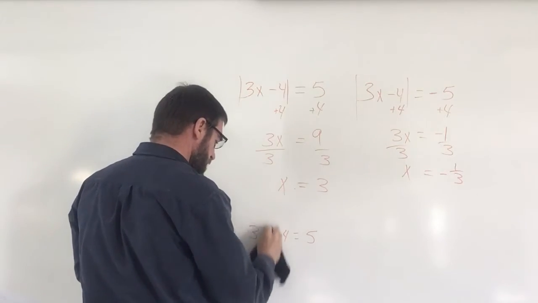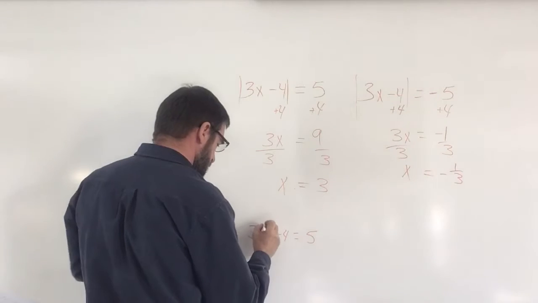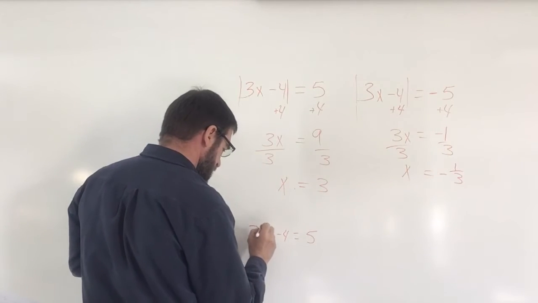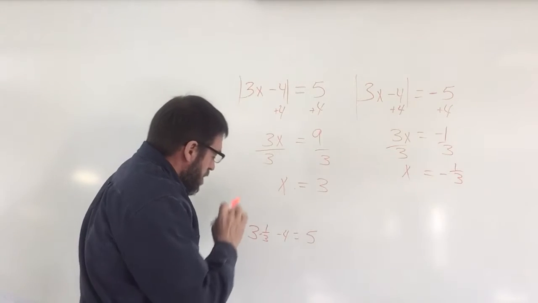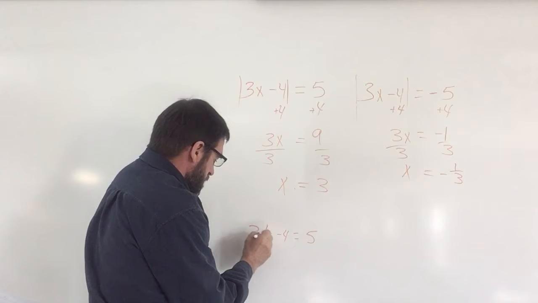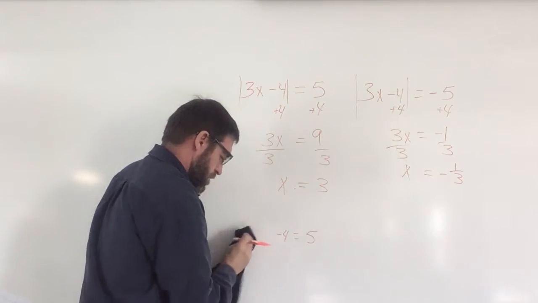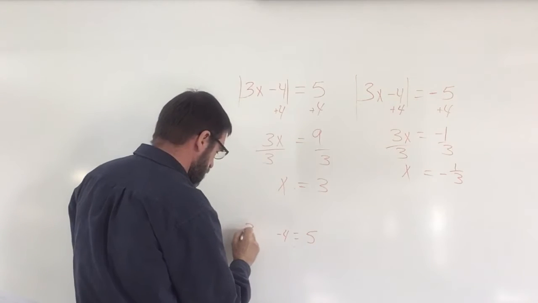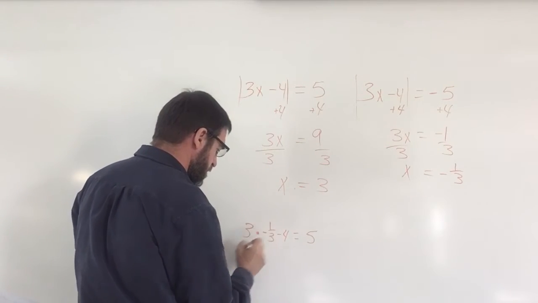So I'm going to use the same problem, okay? I'm going to just put -1/3 here. Okay, so I have got 3 times, boy, I don't have enough room. I got to multiply 3 times -1/3.